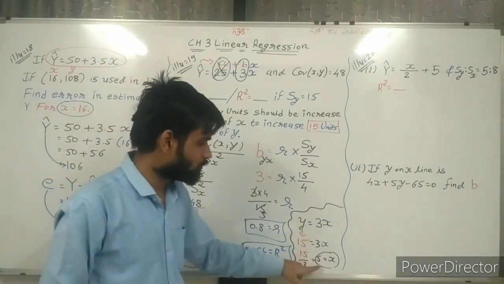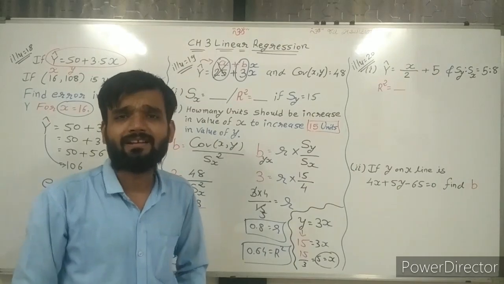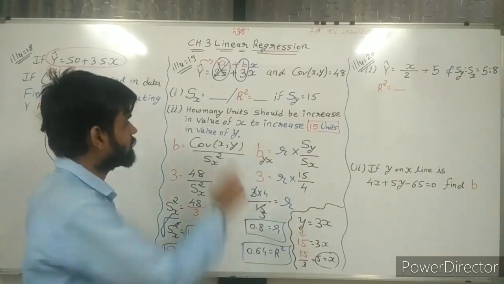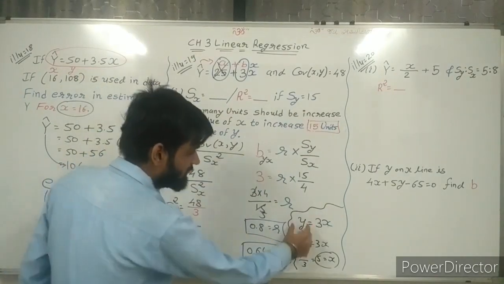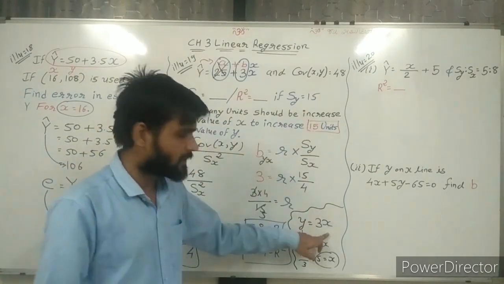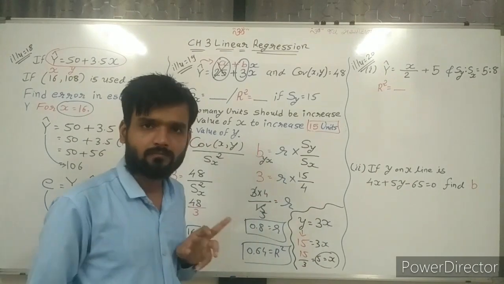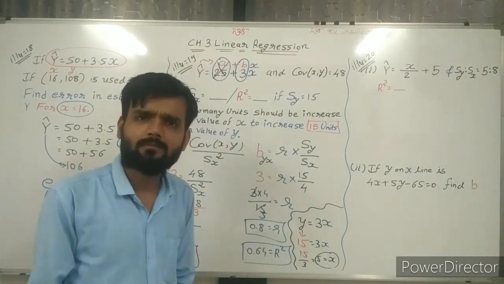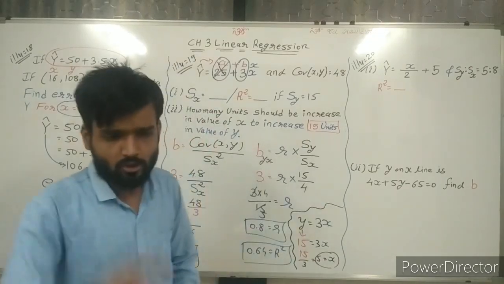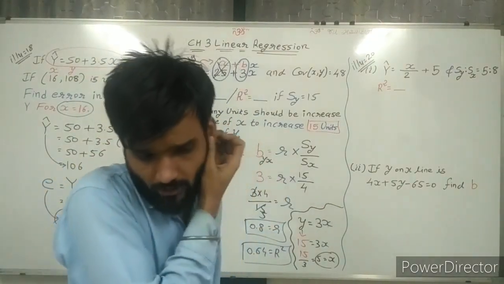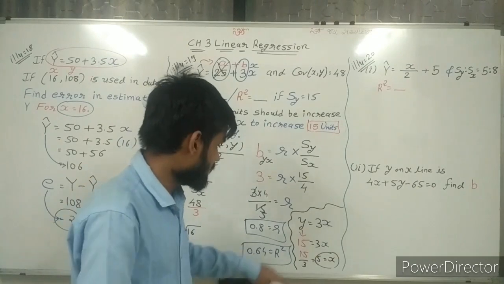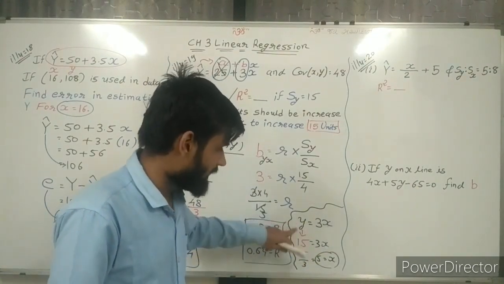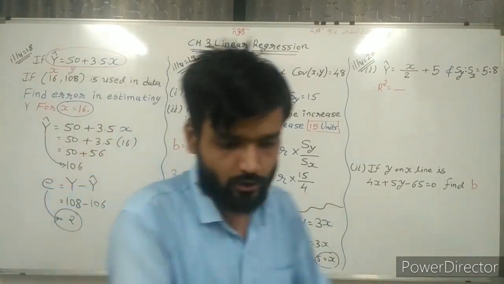So x is equal to 5. Simple, sir. Complete. In this way, whenever a question is given, compare these two. If the value of x is given, you can find y. If y is given, then find x. Simple. You will get the answer. So we should increase x by 5 units so that y increases by 15 units.